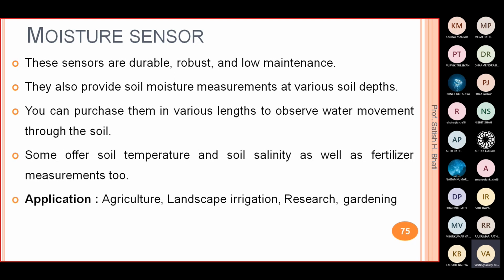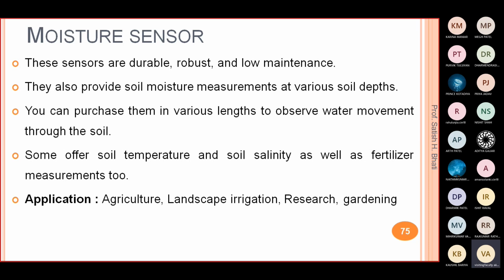This capacitive type of moisture sensor is durable, robust, and low maintenance. Once you install it inside the soil, you will not need to regularly check them or do maintenance.